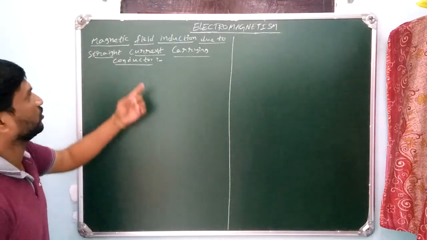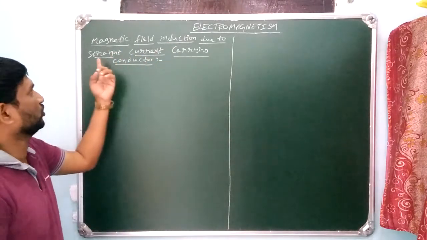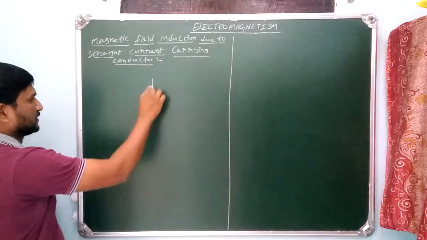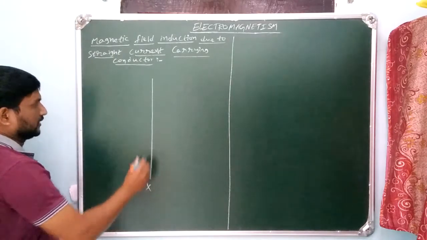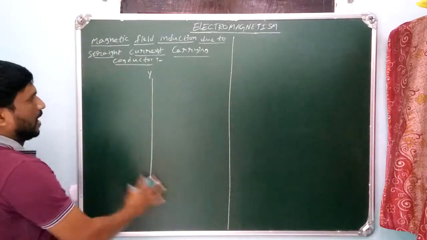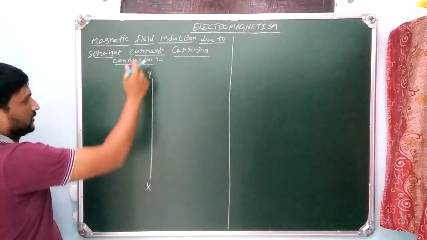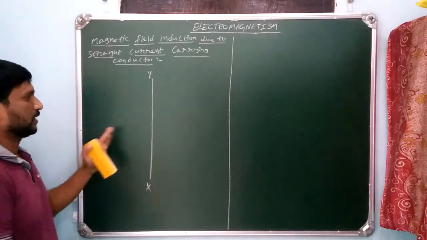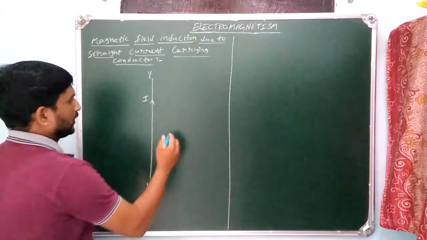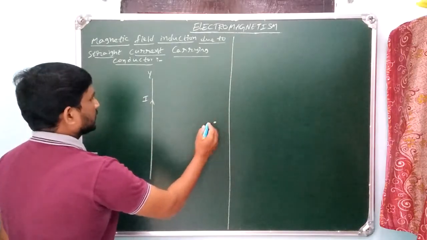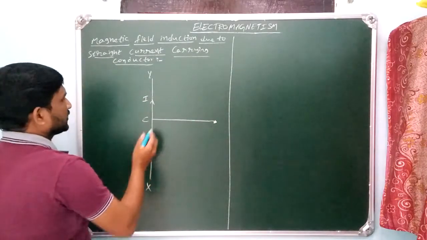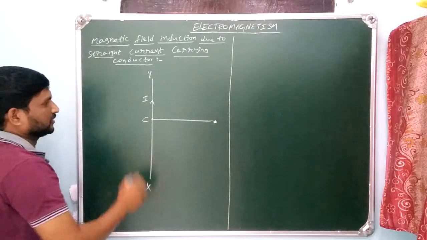Today we are going to discuss magnetic field induction due to a straight current carrying conductor. Let us consider a straight conductor XY lying on the plane of the paper and carrying a current capital I. Let P be a point at a distance R from the point C to the conductor XY.